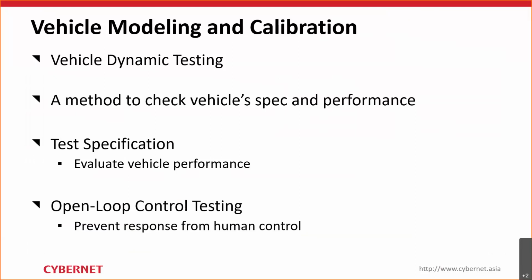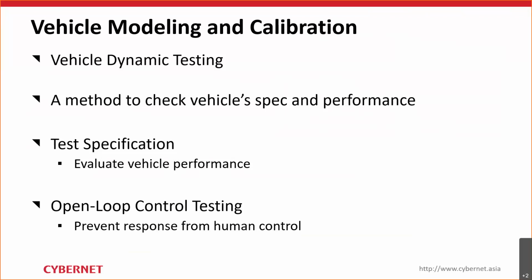After we model the vehicle, we have to do some calibration to make sure the model works like the real vehicle. There are a lot of calibrations we can do. Generally, we use the vehicle dynamic testing method. The method is used to check the vehicle's spec and performance. It means that we can easily understand whether the vehicle model is accurate enough.